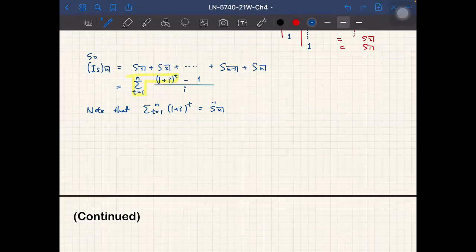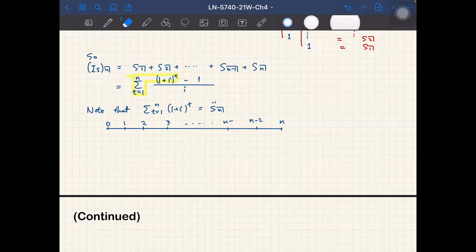Why? Because if we think about the time diagram, 0, 1, 2, 3, up to n minus 2, n minus 1, n.